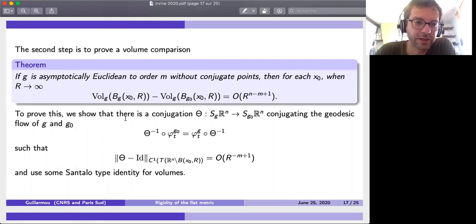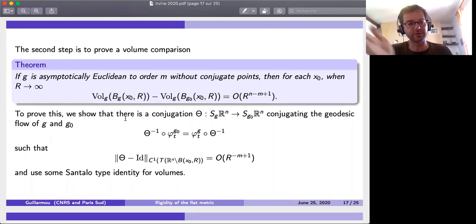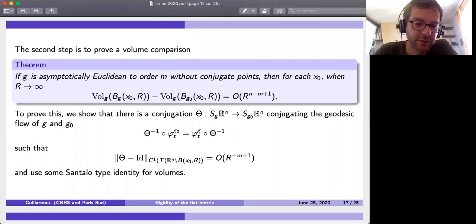Basically, the fact that we have the same scattering map, and in fact, in our proof, we also show that there is the same time delay. Time delay was this T0 that I defined before when I compare the future asymptotic Euclidean geodesic and the past. You can actually show that there is a conjugation between the two geodesic flows, the geodesic flow of G and the geodesic flow of the Euclidean space.